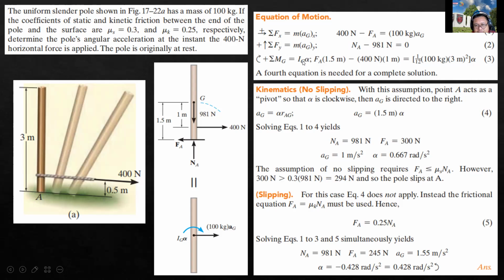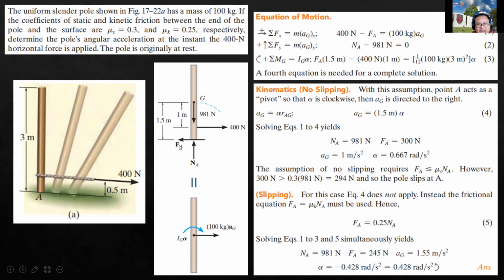Ig is basically the moment of inertia of this pole. Okay, now, what do we have? This is our G, and we know that clockwise motion is our positive direction. Remember, clockwise motion is your positive direction.